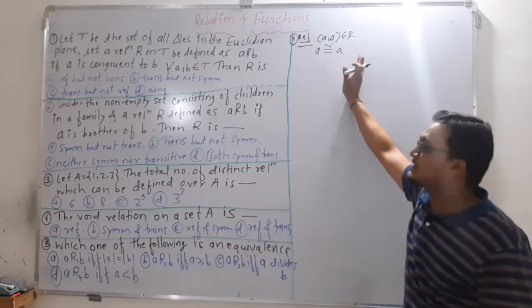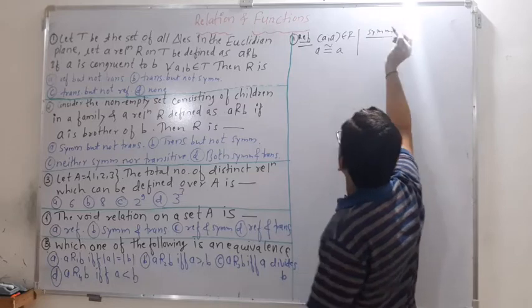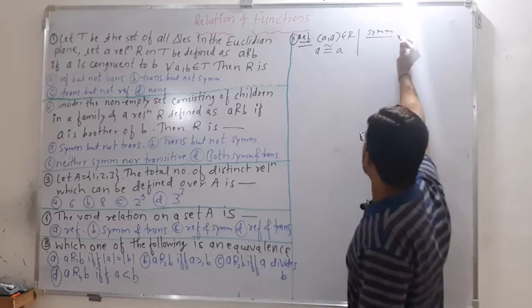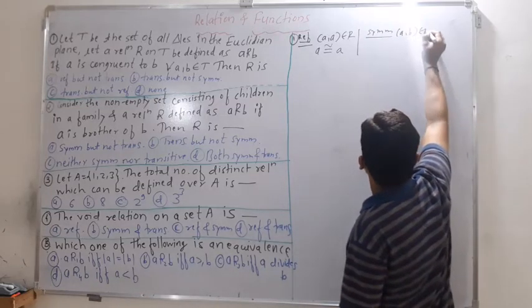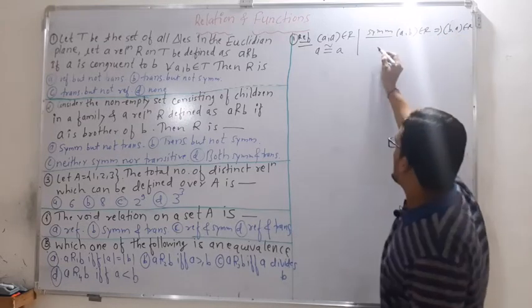R is reflexive. Okay. Next is symmetric. What does the symmetric definition say? AB belongs to R should imply BA belongs to R. Now let's check.